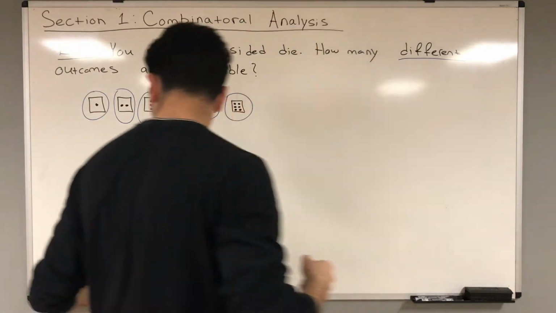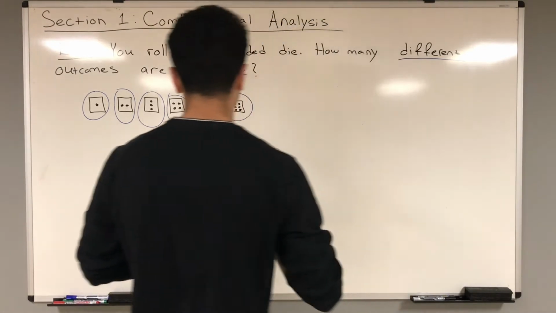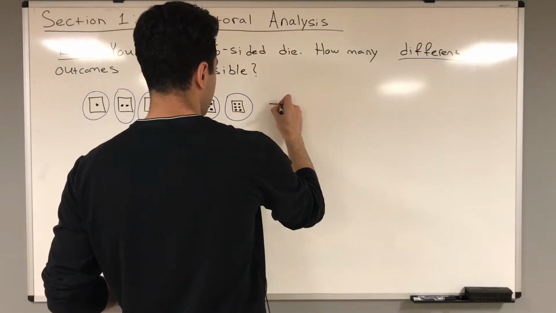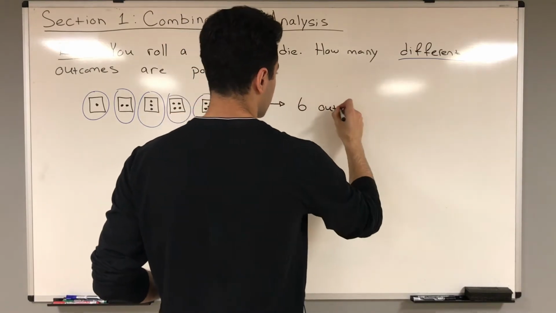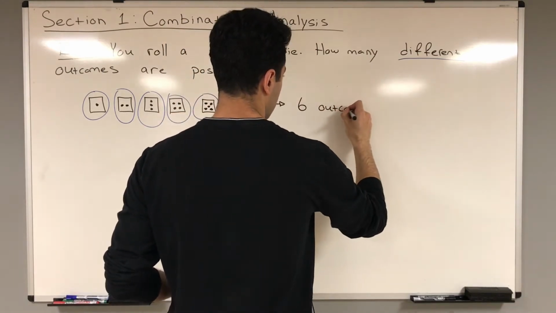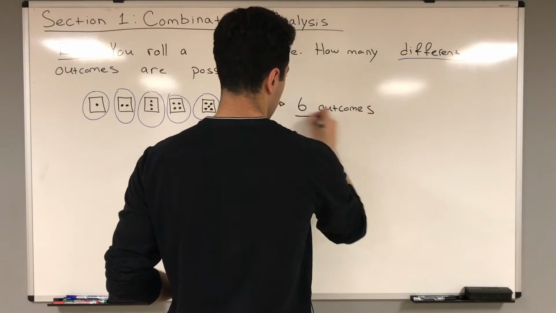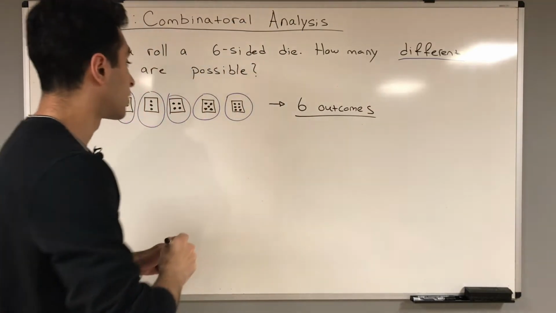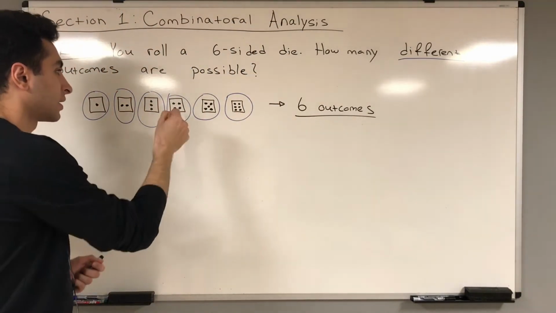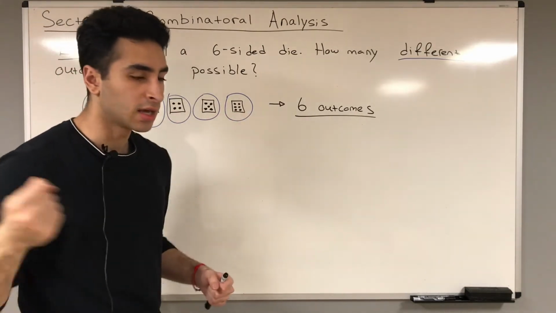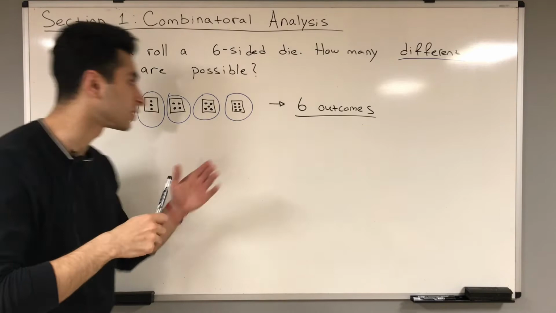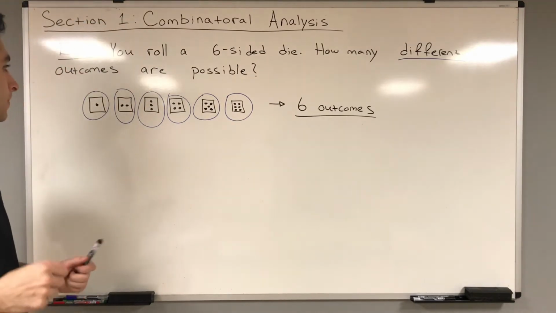So in this case, we get 6 different outcomes. So eventually, what this means is, you will get all 6 sides. If you keep rolling that die, you will get 6 outcomes. Great.